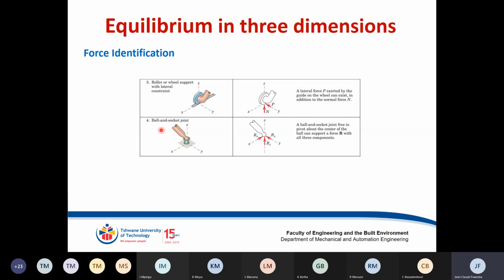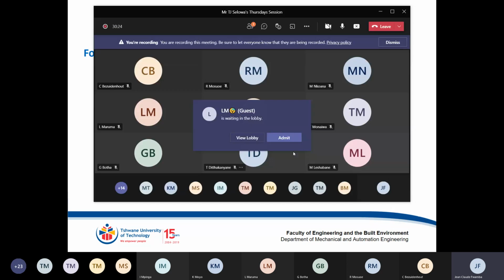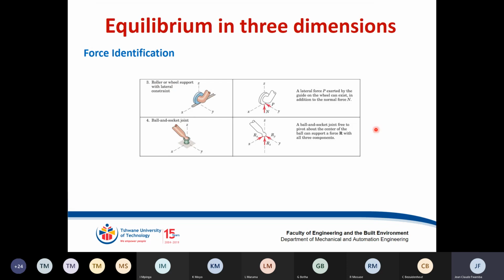Number 4, we have a ball and socket joint. Now, with your ball and socket joint, we need to react in each one of the exercises.